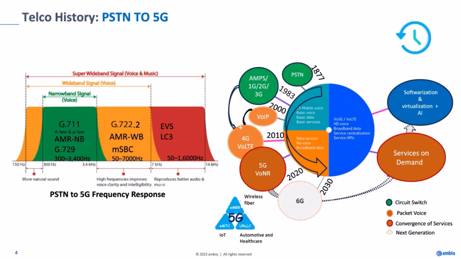And on BLE, LC3, which uses pretty much the same coding rates. Most recently, there has been LC3 Plus, which uses a 96 kilobits per second data rate, and will be used for most of the smart home devices for streaming. So that's a very brief history of the telco system.